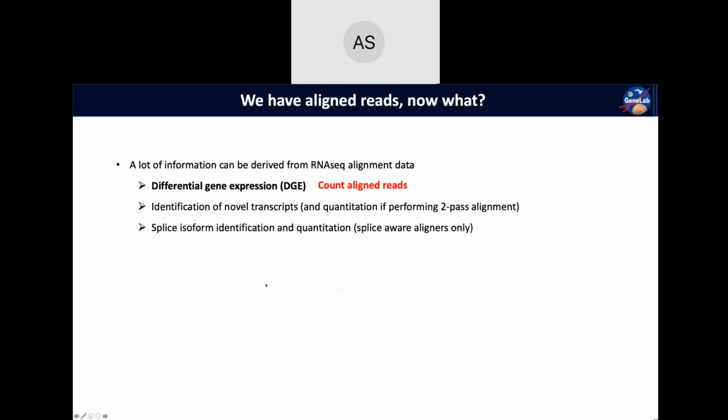You can identify splice isoforms, and you can also quantitate them, but of course that is only if you use a splice-aware aligner. So if aligners know and can recognize splice isoforms like STAR can, you can identify splice isoforms, and then because of that 2-pass, again, we can also quantitate novel ones.